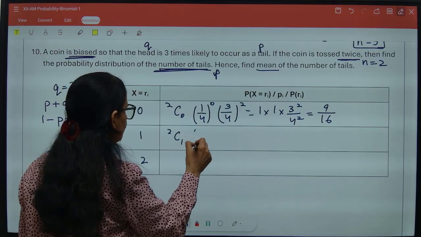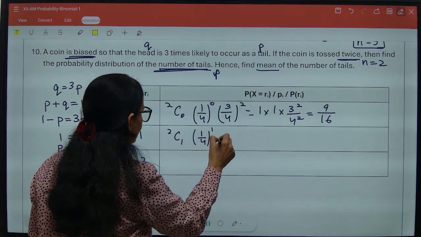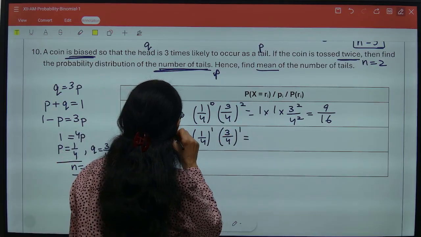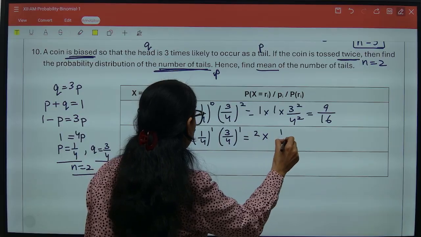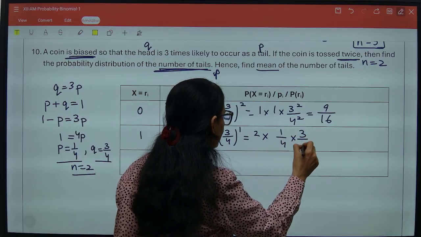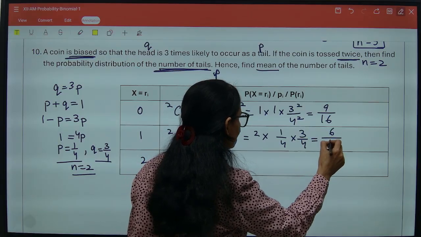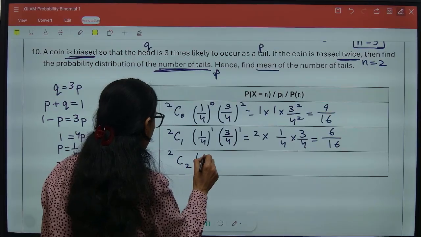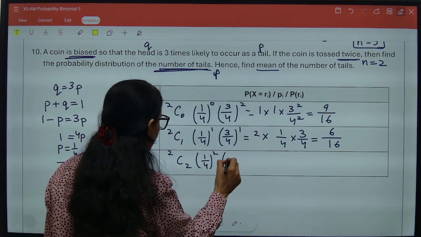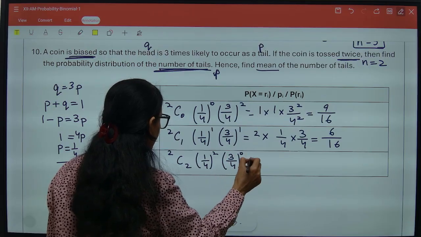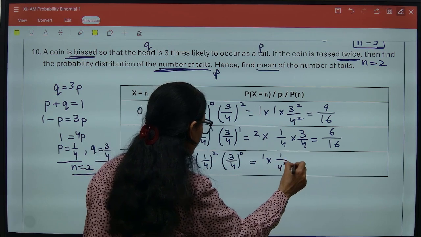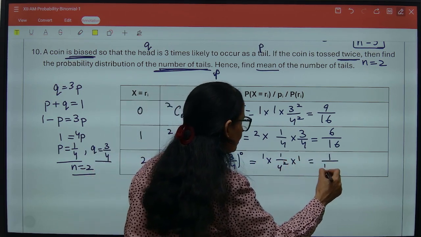Next 2C1, (1 by 4) to the power 1 and (3 by 4) to the power 1. So this is 2 into 1 by 4 into 3 by 4, which comes out to be 6 by 16. Next 2C2, (1 by 4) whole square and (3 by 4) to the power 0. 2C2 is 1, so 1 into (1 by 4) square into 1 comes out to be 1 by 16.